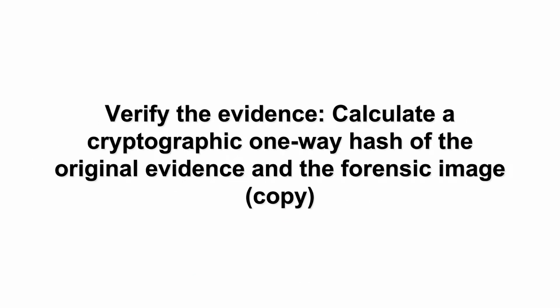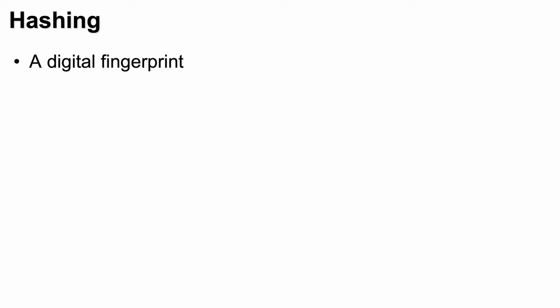So the whole idea behind authenticating the evidence is verifying it. You calculate a cryptographic one-way hash of the original evidence and the forensic image. That is the forensic copy, the forensic duplicate, the bitstream copy. The resulting number from the cryptographic one-way hash algorithm is essentially a digital fingerprint.